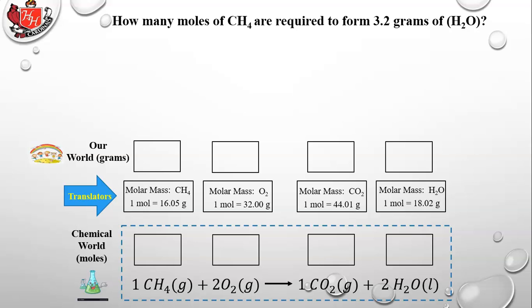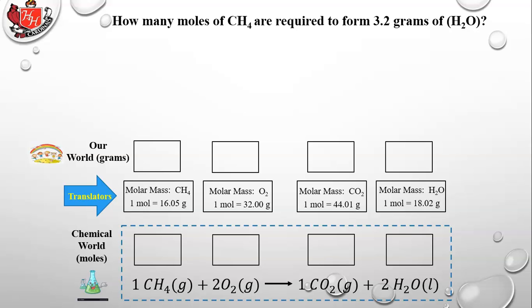For O2, oxygen, 16 is for a single oxygen atom, but oxygen always travels in pairs. That's O2. So 2 times 16 is 32. So 1 mole of oxygen, 6.022 times 10 to the 23rd O2 molecules, will weigh 32 grams. And that's a number we can measure on a scale in a lab.